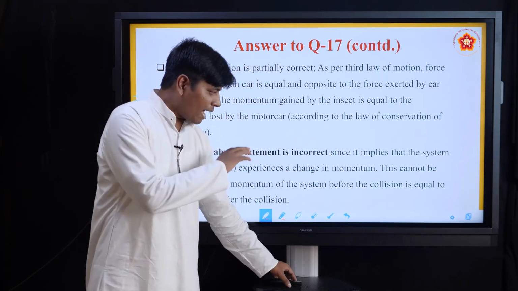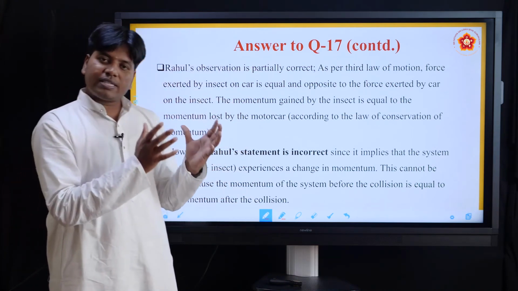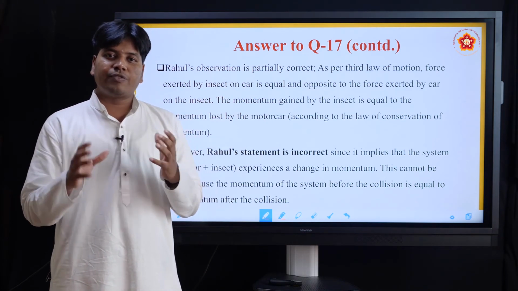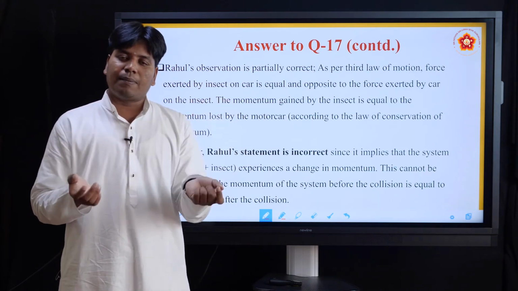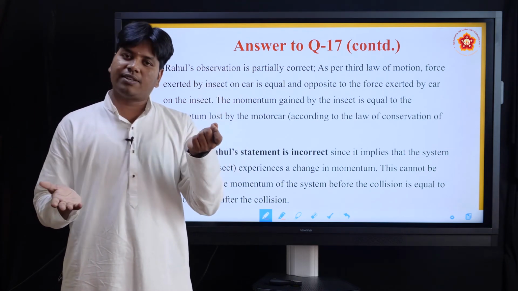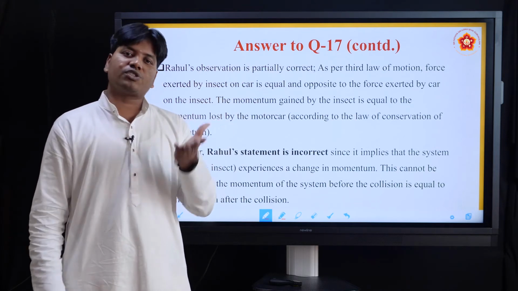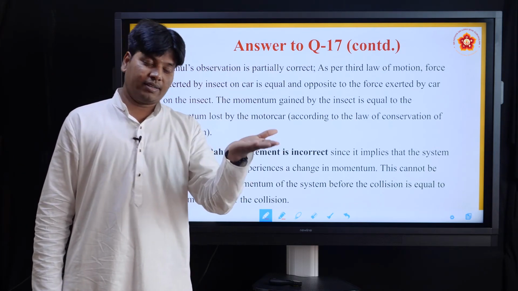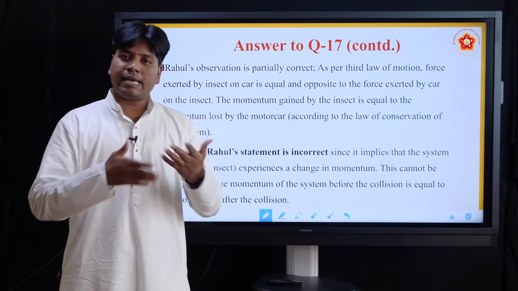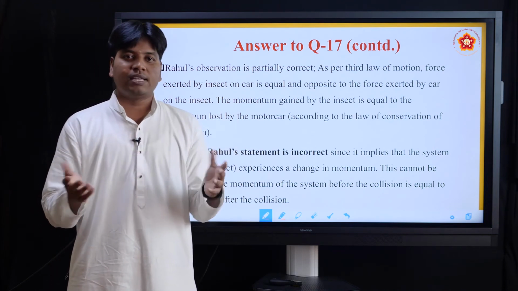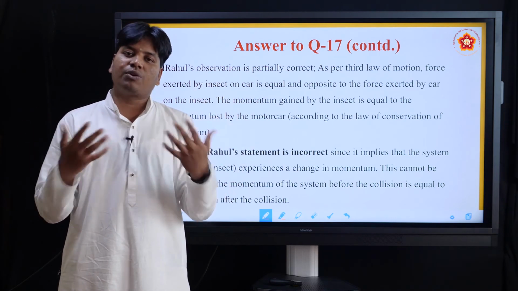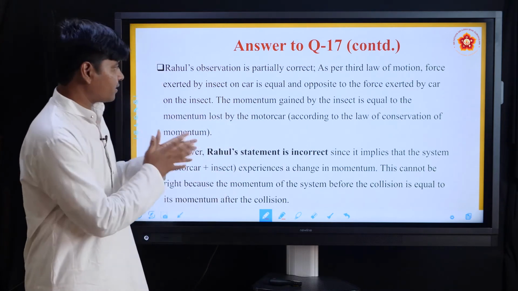You don't have the same mass here. The mass of the insect is different, the mass of the motor car is different. The velocity of the motor car is different, the velocity of the insect is different. You don't have any symmetric situation here. It is an asymmetric situation. When you have an asymmetric situation, the momentum change cannot be equal for both objects after the collision. I hope you got this answer correct.